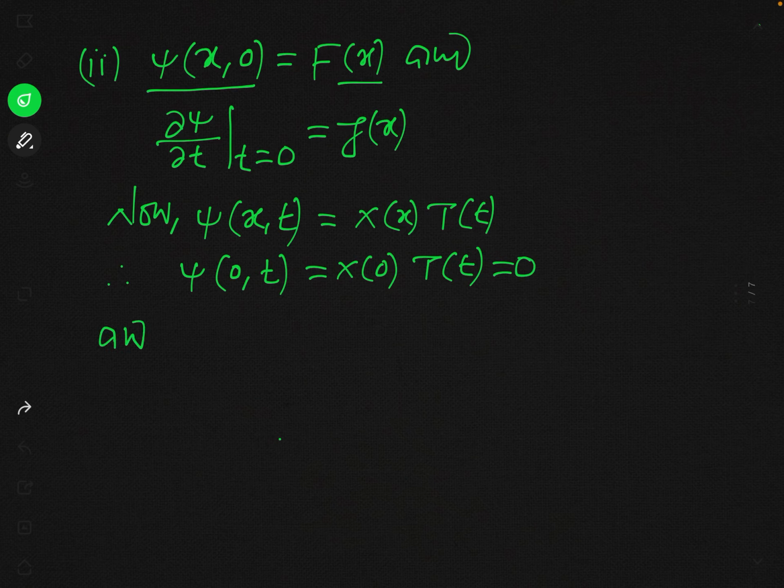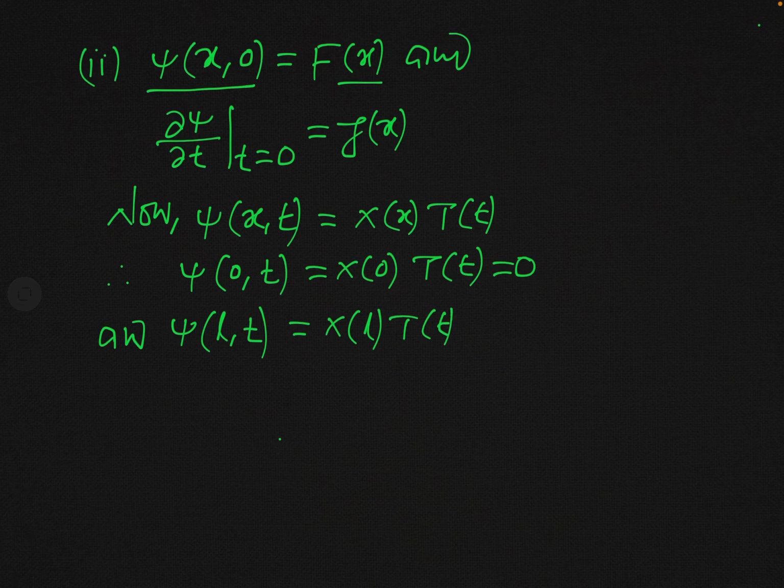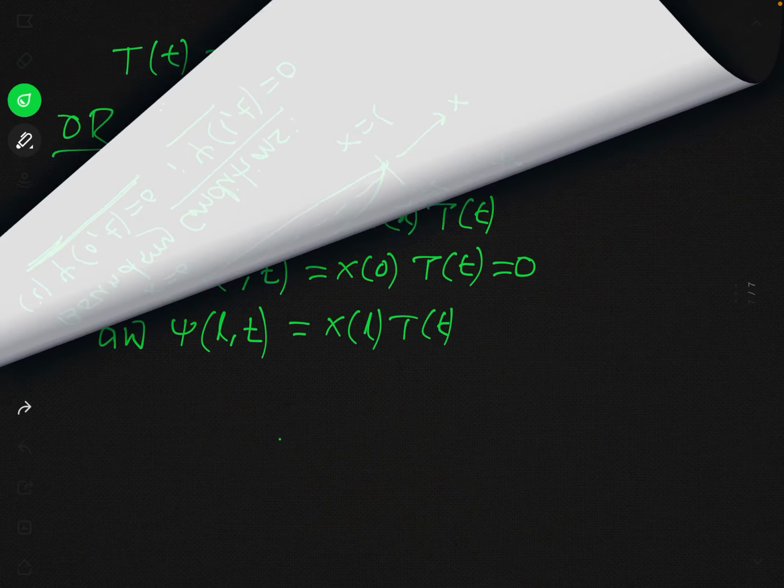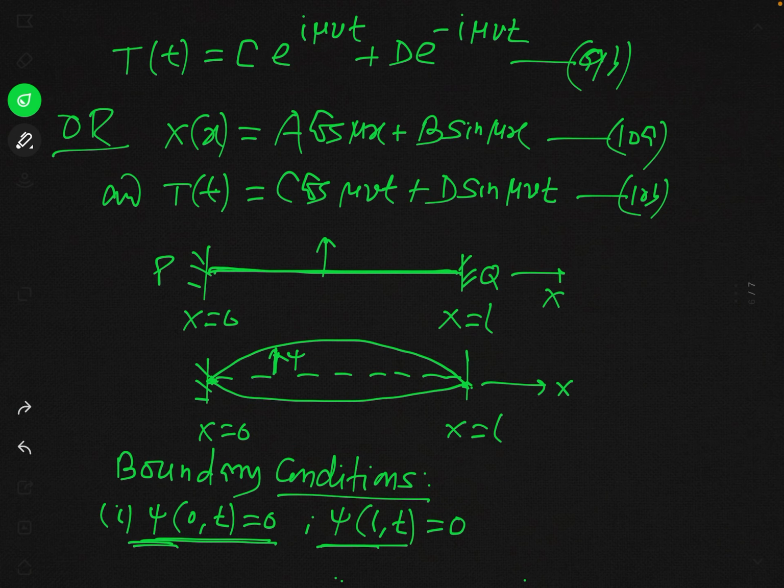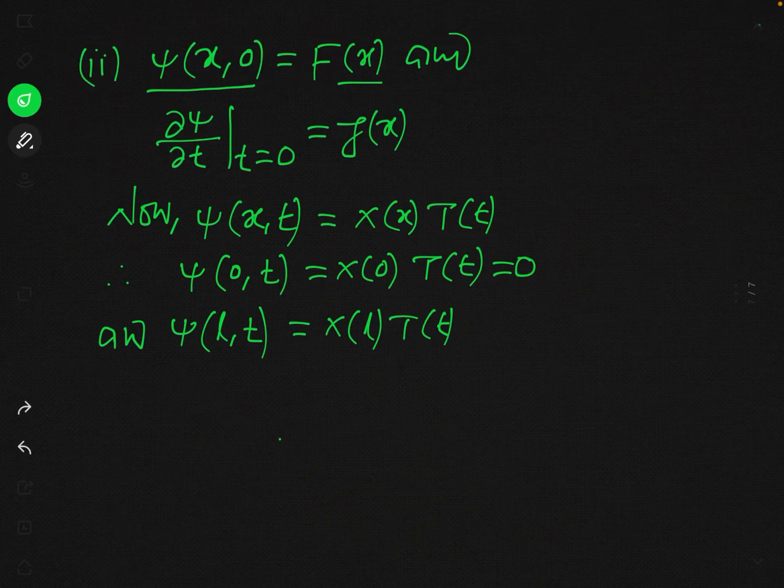And again, psi at x equal to L and time t will be X at x equal to L times T at t. But you have also seen in the first condition that this psi is again 0 when x is equal to L, that is, at the second end of the string. So this will again be equal to 0.